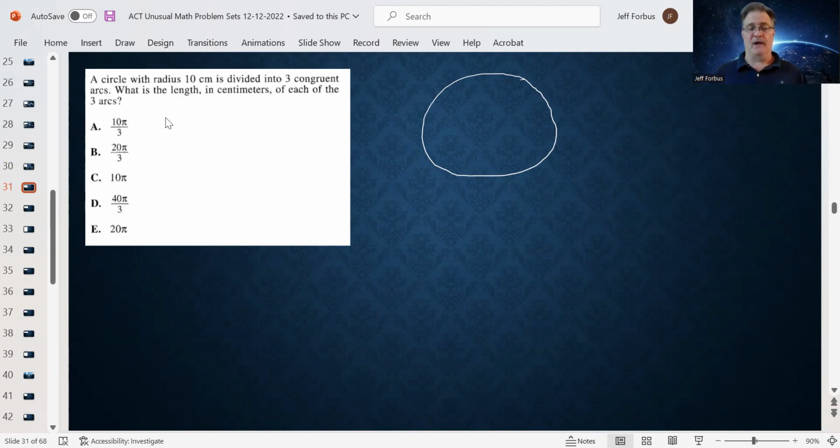Just draw them quick if you have to. And if you practice enough, you may not even need a sketch, because you may do it so many times that you can just see it mentally. Okay, so a circle with a radius of 10 centimeters is divided into 3 congruent arcs.